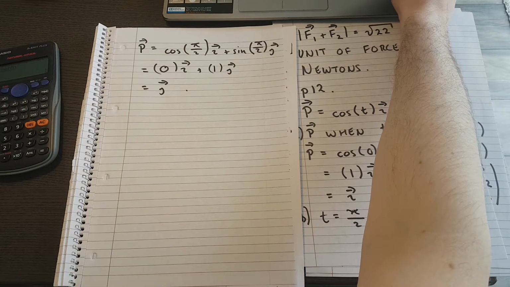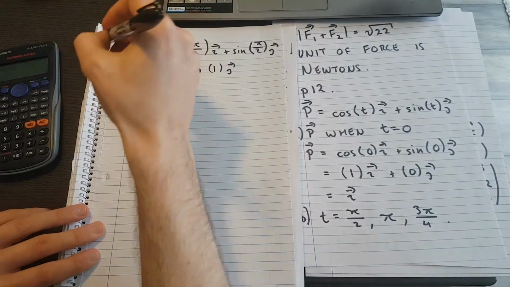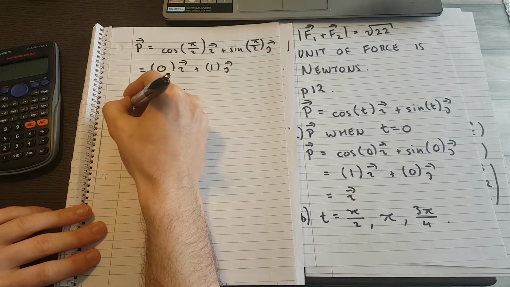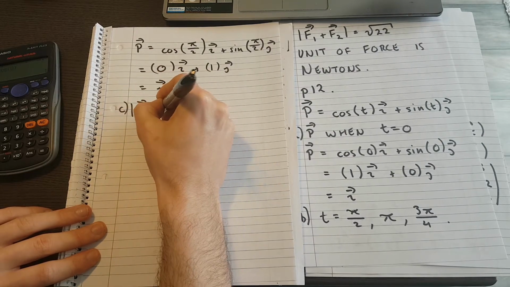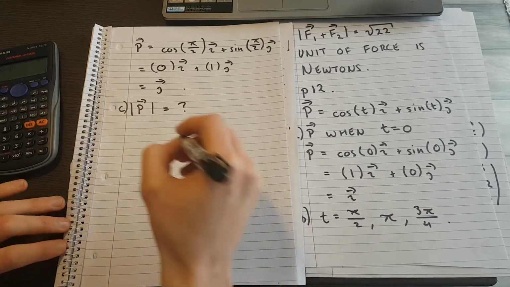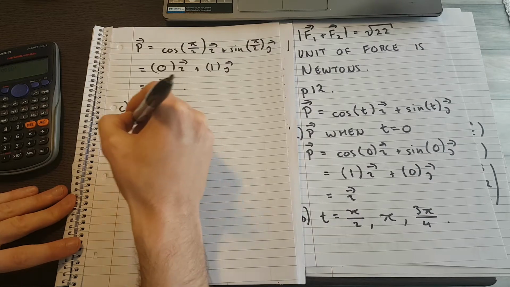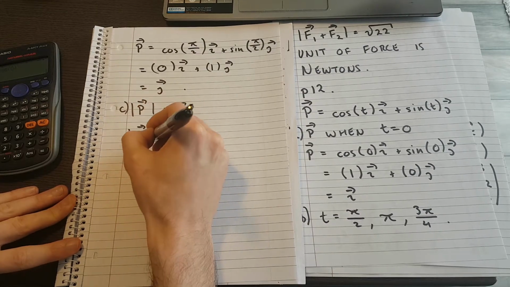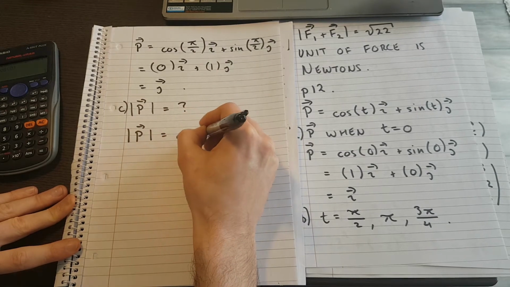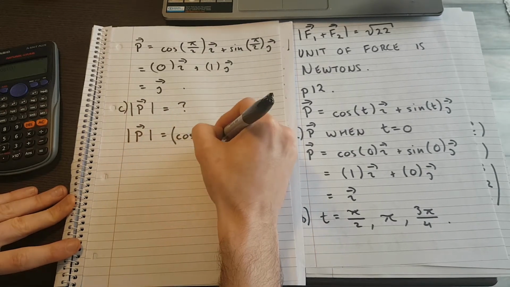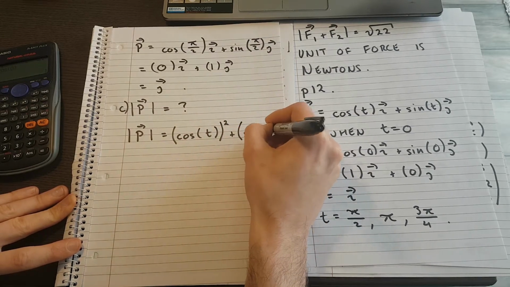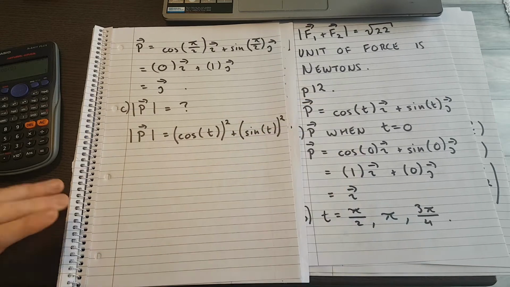The question is, what is the magnitude of p? Well, this is going to be the same as before. This is going to be the cos of t squared, and I add the sine of t squared.